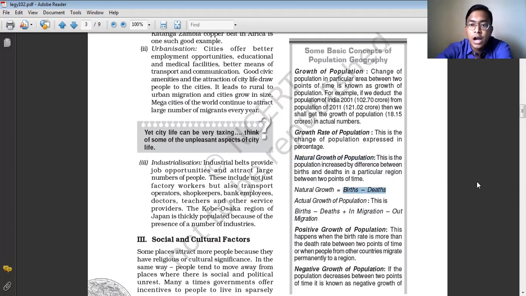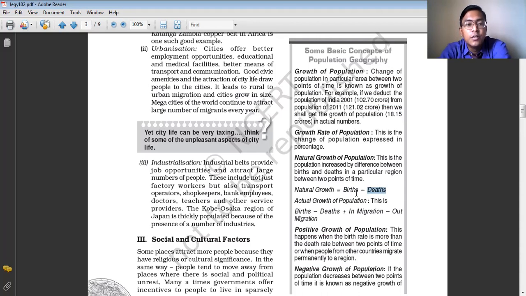Out of this 18.15 crore, suppose 10 crore people have taken birth and 1 crore people have died in these 10 years. So what is the actual number we are getting?